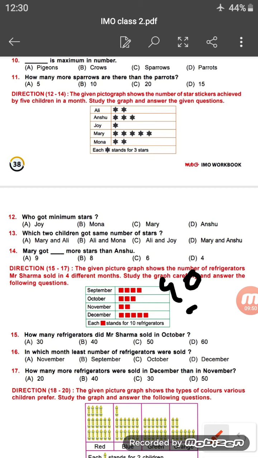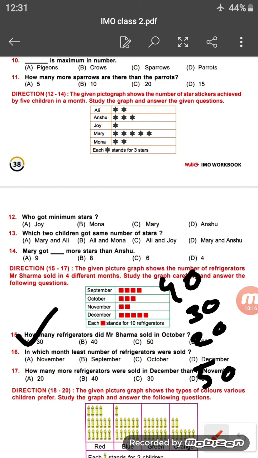In October 30, November 20, and December 1 2 3 4 5, 50. So now here the question is, how many refrigerators did Mr. Sharma sell in October? In October he has sold 30 refrigerators. So number 15, option A will be the answer. Number 16, in which month was the least number of refrigerators sold?